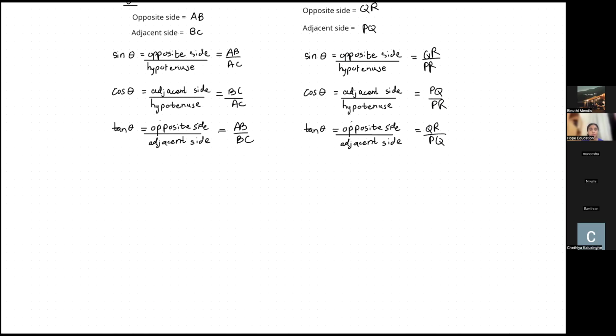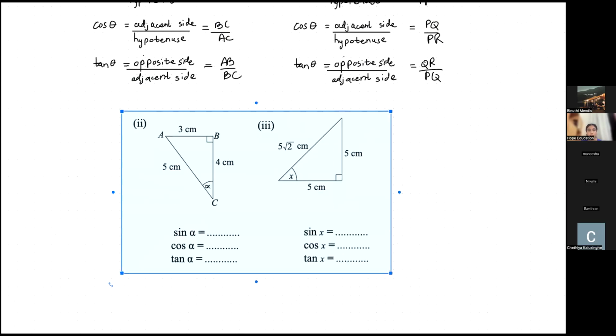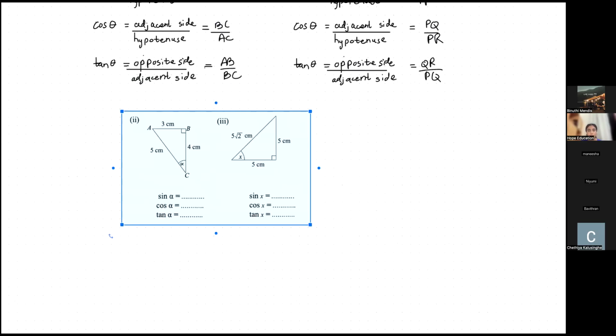Go to exercise 18.2. In the first question, do Roman number 2 and 3. It's very simple. Take 2 minutes and quickly finish.